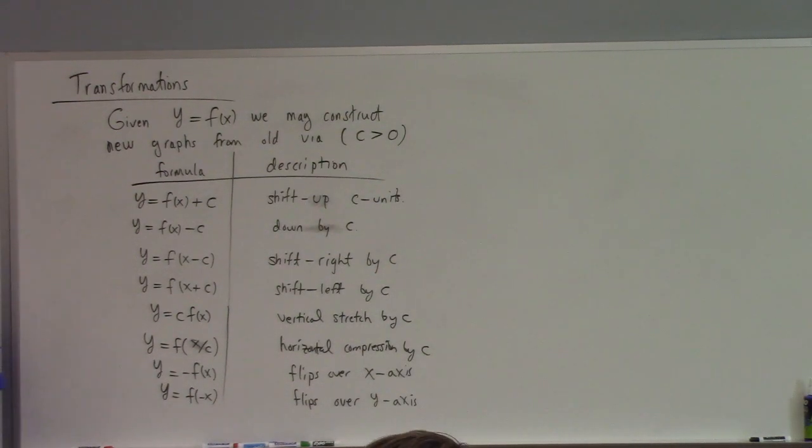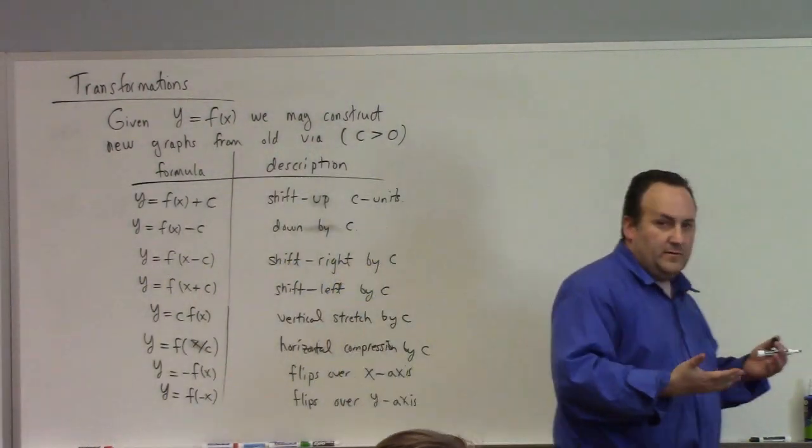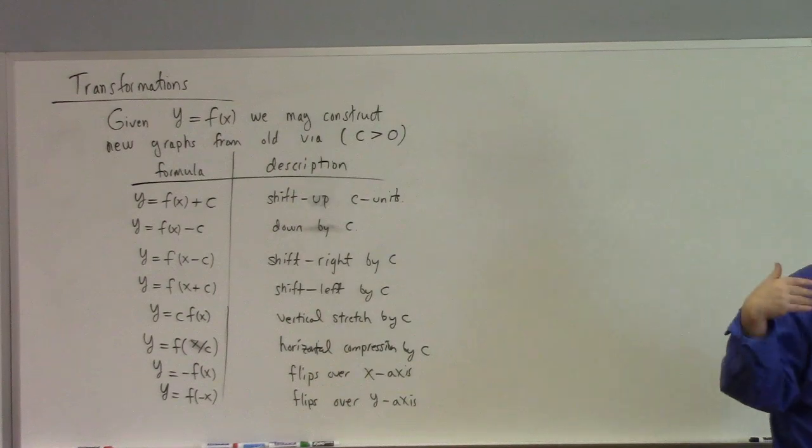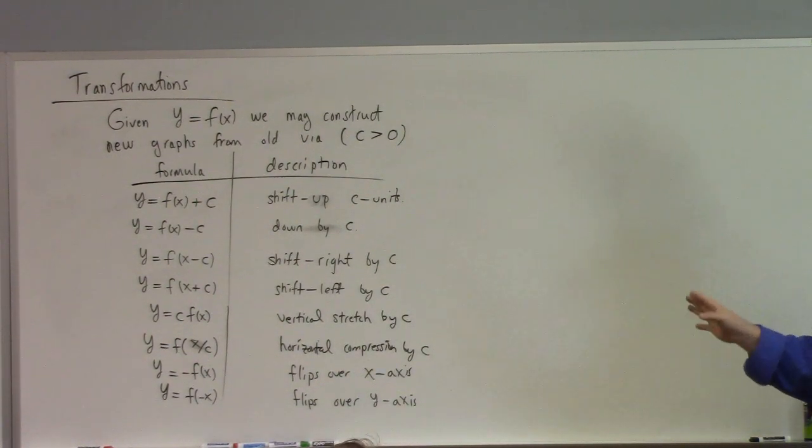These are the basic transformations of graphs. And so what this means is that if we have a basic catalog of graphs that we know, we can start with one of our basic graphs, and then we can apply these transformations to create new graphs.